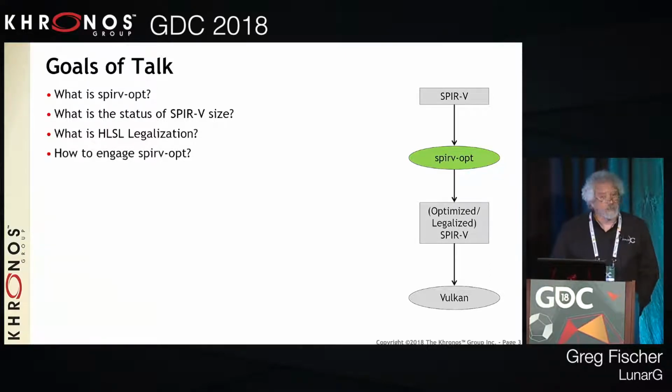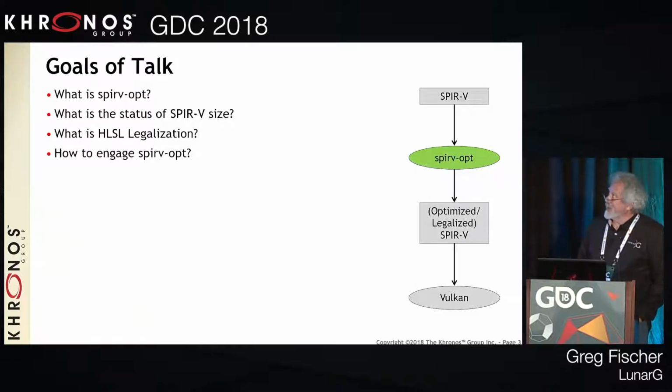What is SPIR-V opt? And what is the status of SPIR-V size these days? What is HLSL legalization, and why should Vulkan programmers with HLSL shaders be concerned about that? And finally, once you are concerned, how to use SPIR-V opt to alleviate your concerns.